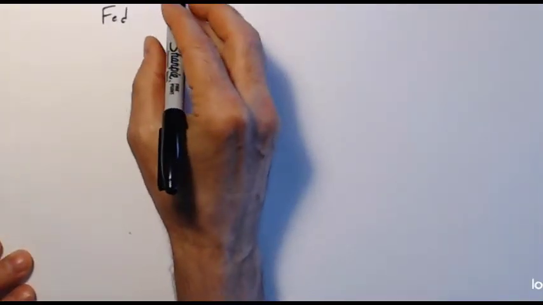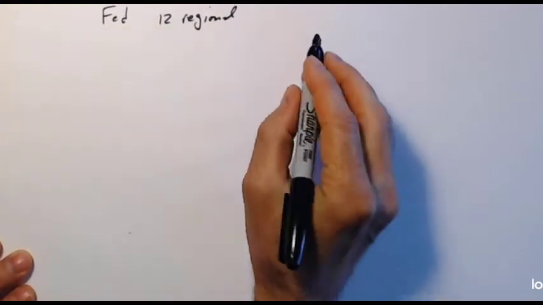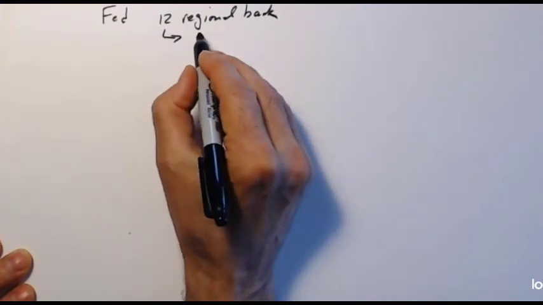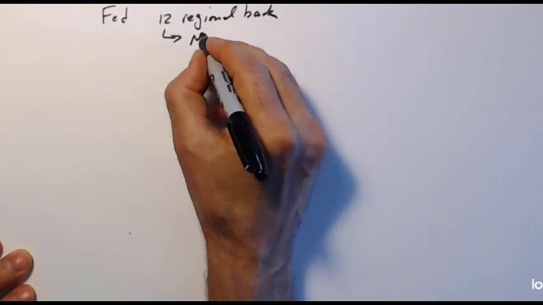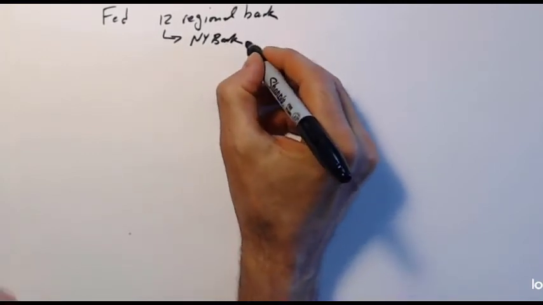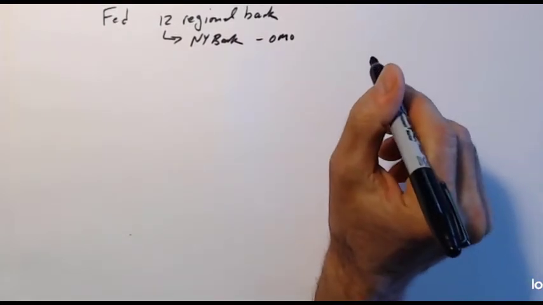Moving right along, the Fed is made up of 12 regional banks across the U.S. in major cities. There are two that are really important. There's the New York Federal Reserve Bank, which is important because it does what's called open market operations, which we'll discuss in a few minutes.